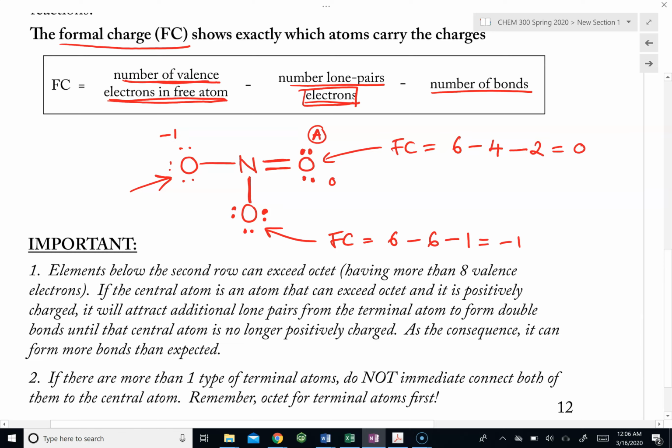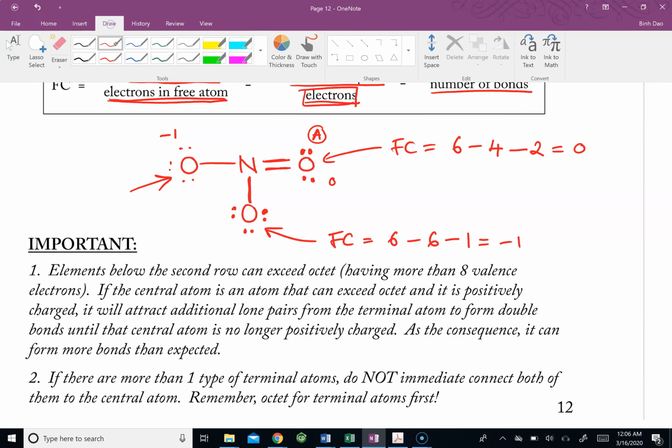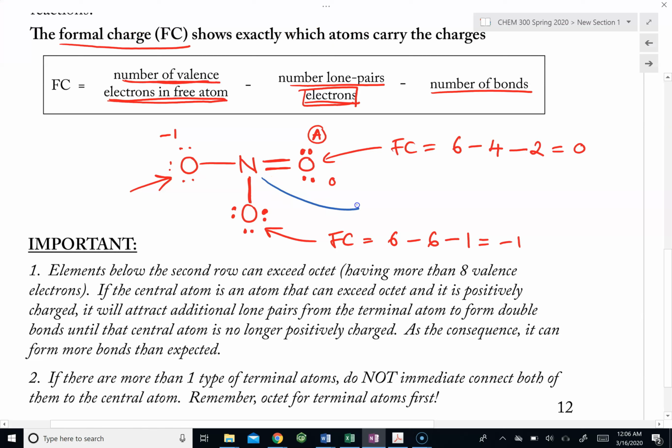And lastly, now let's move on to the formal charge of the nitrogen. So for the nitrogen, this nitrogen right here, FC is equal to the number of valence electrons in the free nitrogen atom, which is basically 5, minus the number of lone pair electrons.